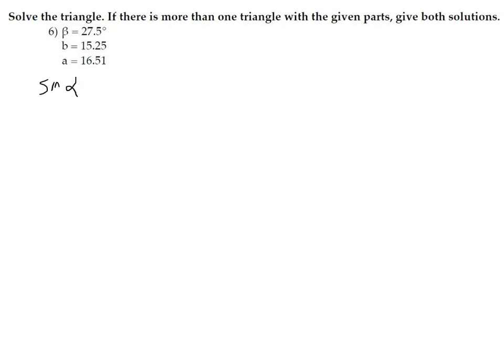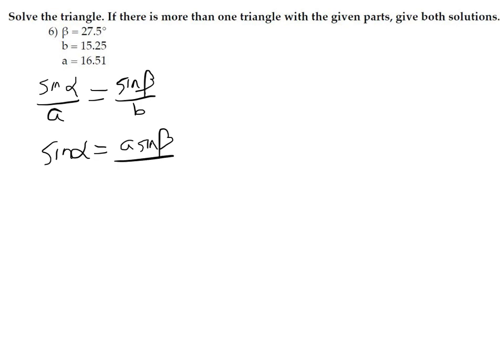Sine alpha over A equals sine beta over B. This gives us sine alpha equals A sine beta over B. So sine alpha would equal, when we plug this into our calculator, 0.4999. So just about 0.5.